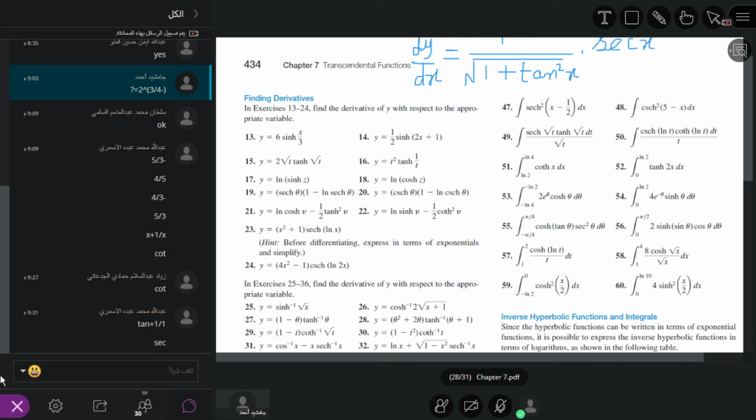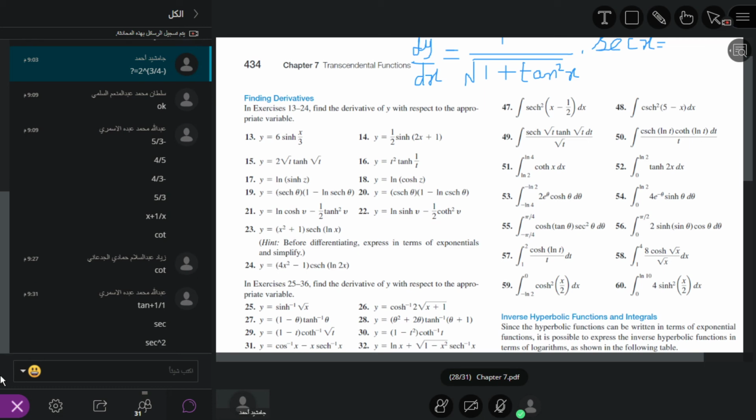Now we all know that 1 plus tan square x is equal to sec square x.